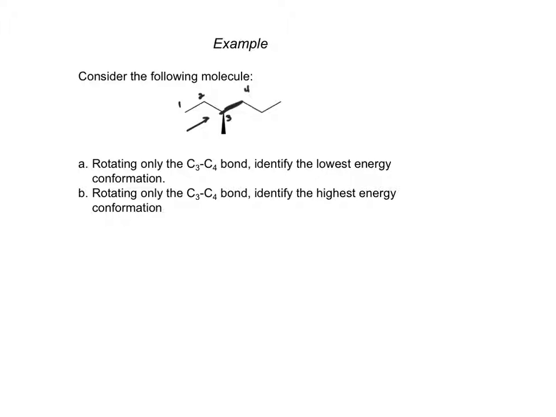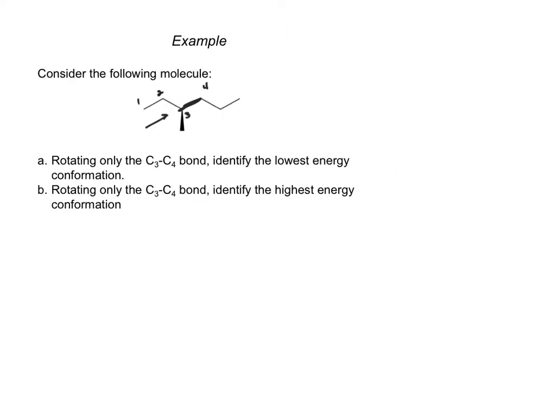My arrow is looking through 3, that's going to be my front carbon, going to 4, which is going to be my back carbon. So first step is taking this and probably drawing what? My Newman projection, right? We're going to take our bond line, our sawhorse, and convert that into the Newman projection so we can see these various conformations, okay?